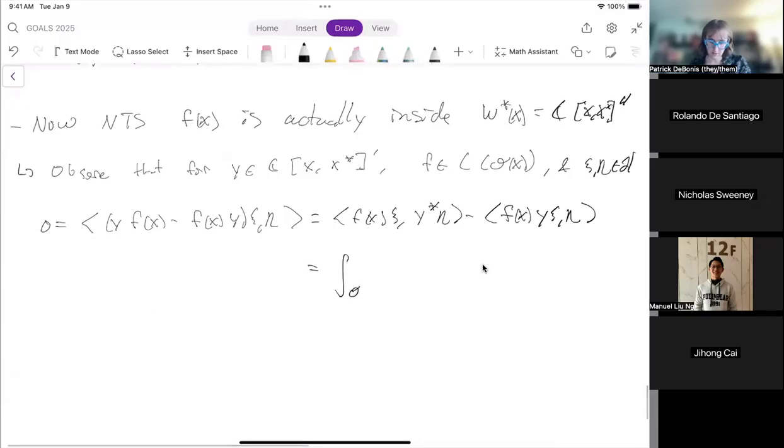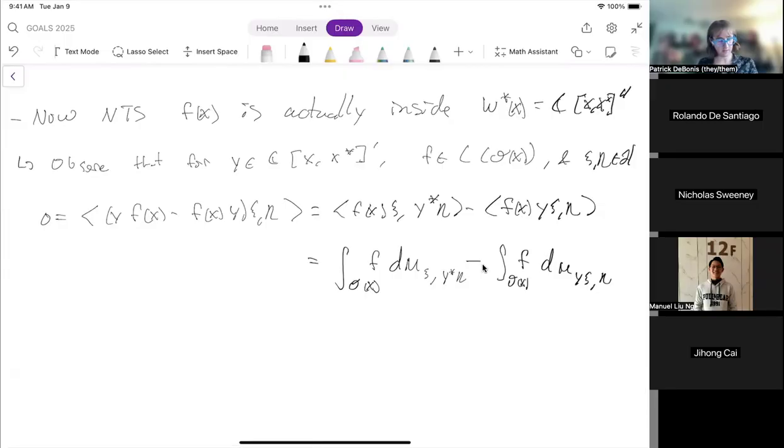This is now the integration of f. And now we want to pay attention to what these measures are. This first one is x xi and then y star eta, minus integrating against y xi eta.